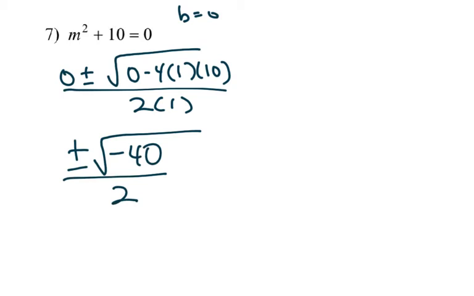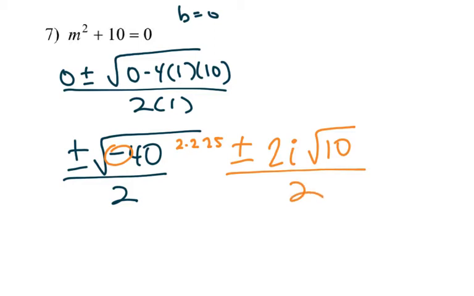So I'm going to have plus or minus 8 times 5, and then the negative is going to give me an i out here. So I'm going to have a pair of 2s, i square root 10 over 2. With that, my 2s can cancel because they're factors. I don't have any plus or minus going on in there, so I can cancel the factors. And so what I'm left with is my solutions are i square root 10, positive and negative. So m is equal to that.